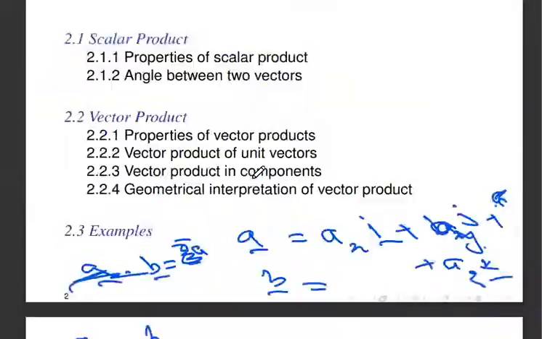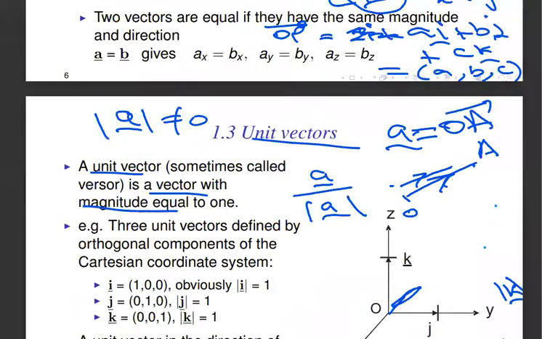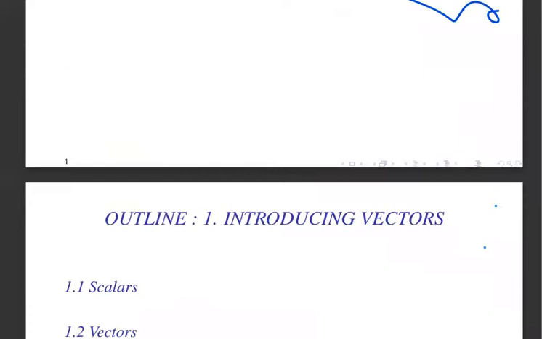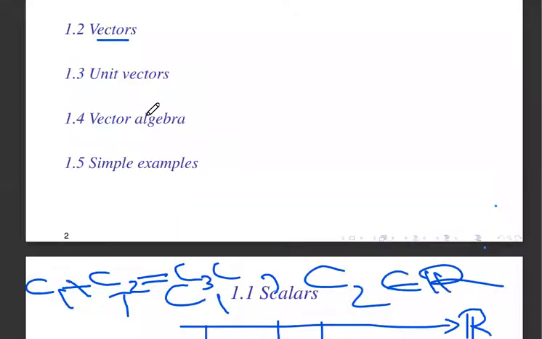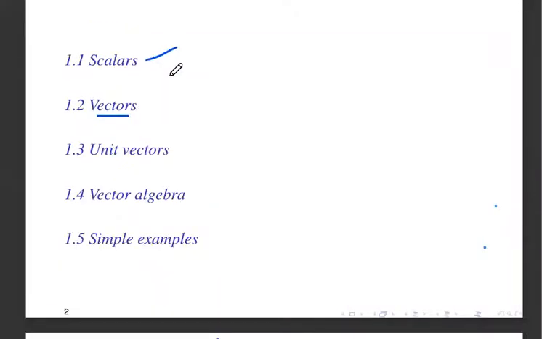So far, we understood the distinction between scalars and vectors. A scalar has a single quantity, but a vector has 2 quantities: it has direction and magnitude.